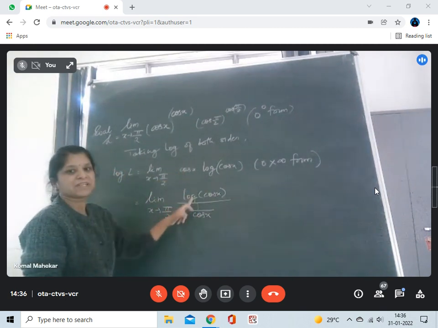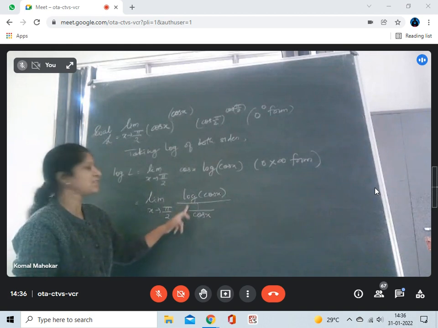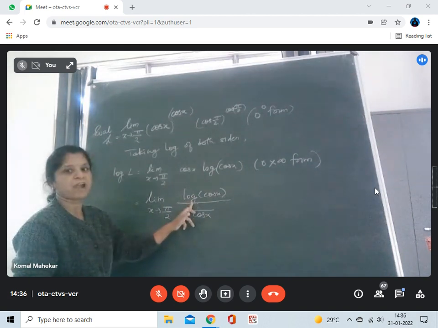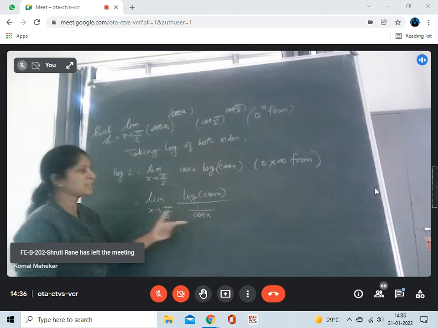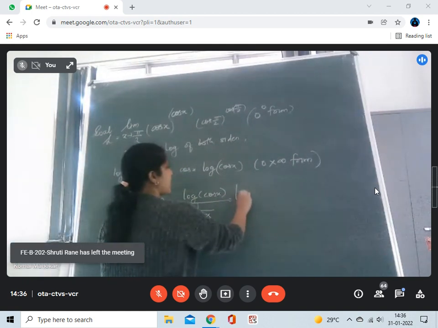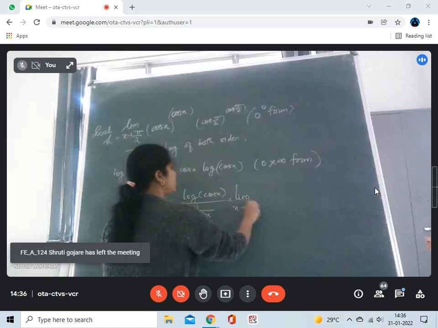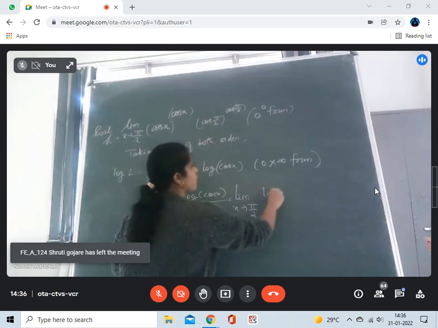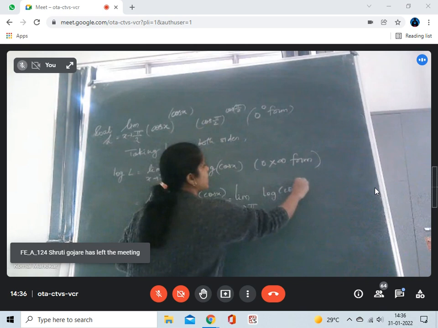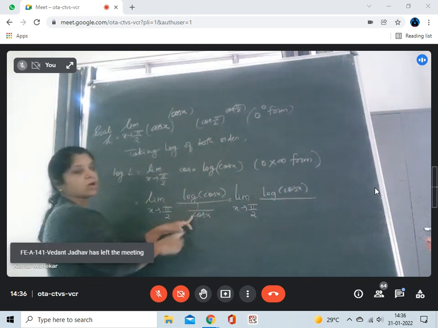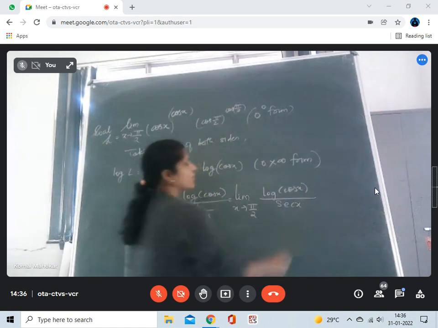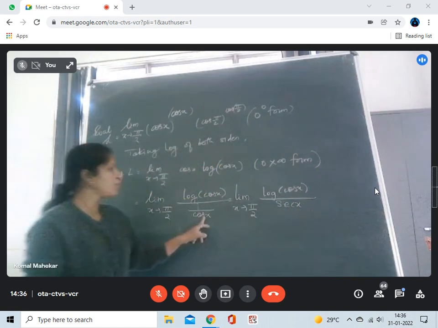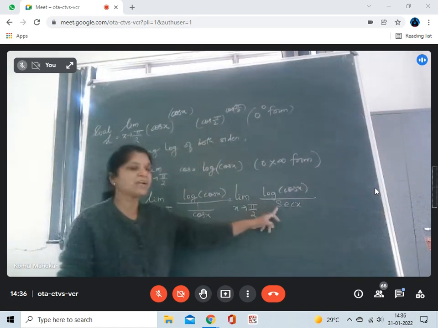Log of f(x) divided by 1 by g(x), that is 1 upon cos x, divided by 1 by cos x, that is the same as multiplied by cos x. Now this can be written as limit x tends to pi by 2 of log of cos x divided by 1 upon cos x. 1 upon cos x is nothing but sec x.